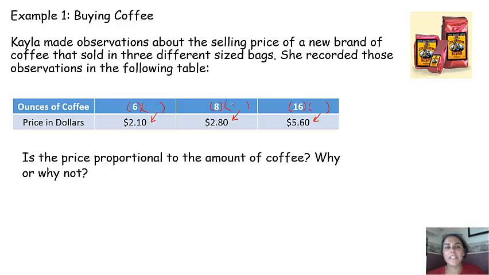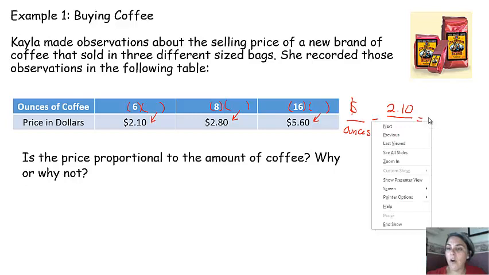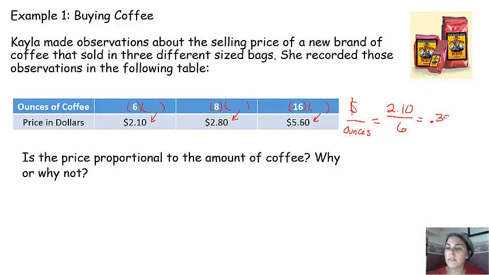And so I'm going to say, okay, I'm going to take my price in dollars and I'm going to divide by my ounces. So I'm going to take my $2.10 and I'm going to divide by my 6 ounces. I'm going to divide that out. You can use your calculator. I'm going to take 210, divide it by 6, and I actually find that that bag of coffee is 35 cents per ounce.